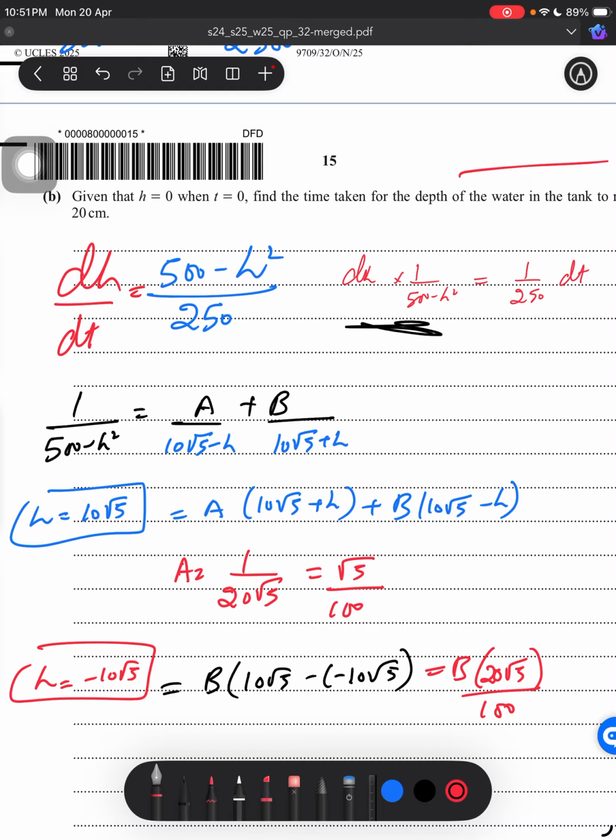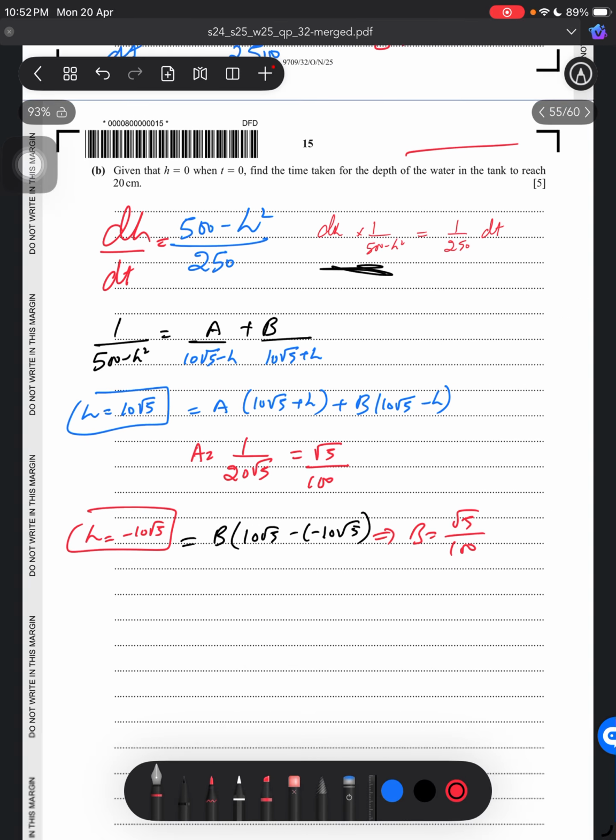This would cancel out, so we'll directly get the value for b, root 5 over 100.